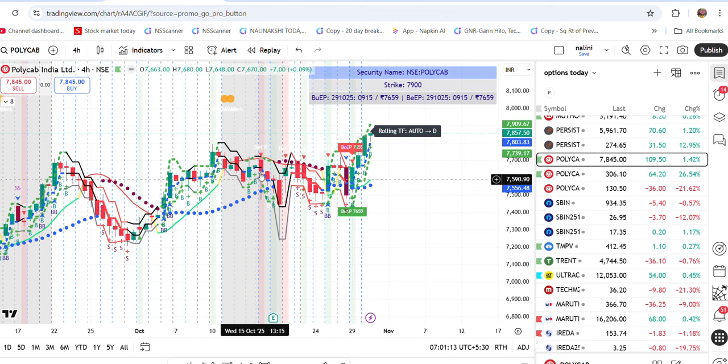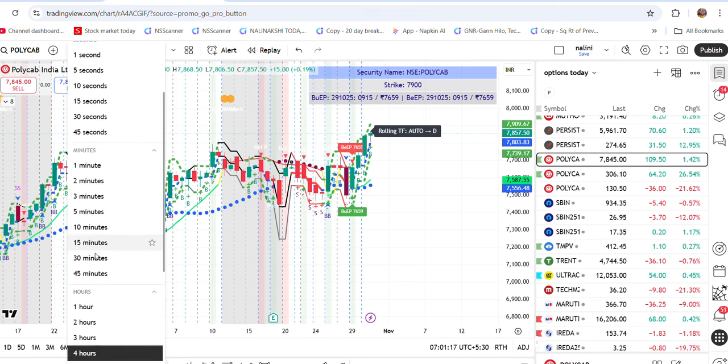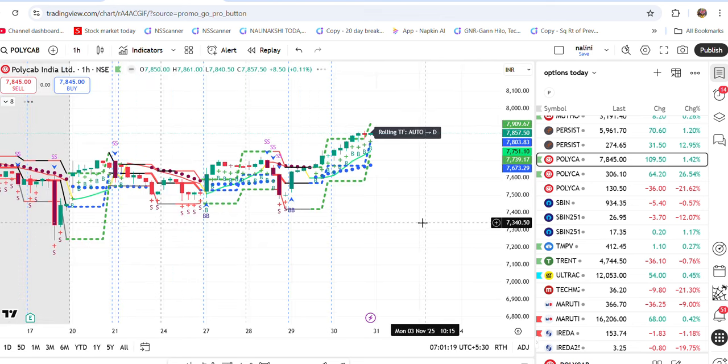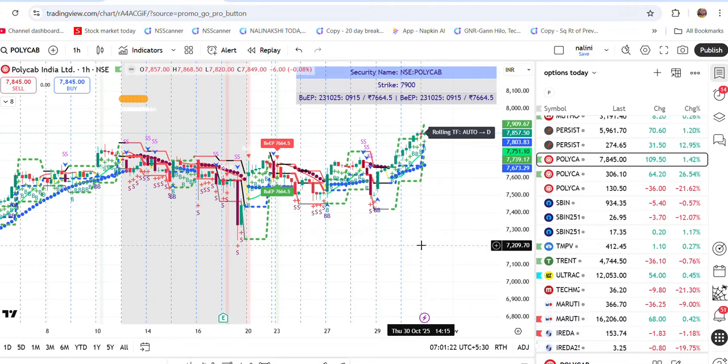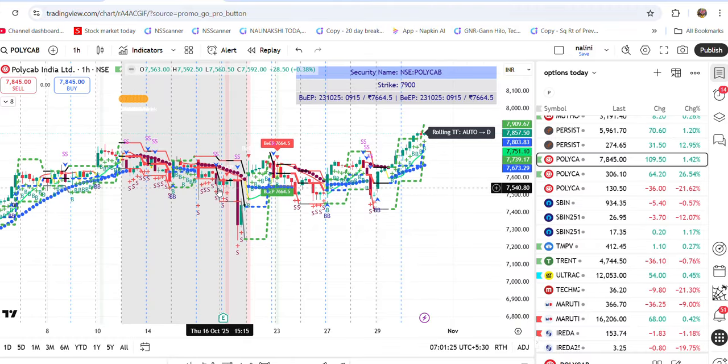Here on 15th, let me go to the hourly time frame and check where the episodic pivot is. See, it had formed an episodic pivot and it had fallen. You can see the episodic pivot over here. That was formed on 23rd.